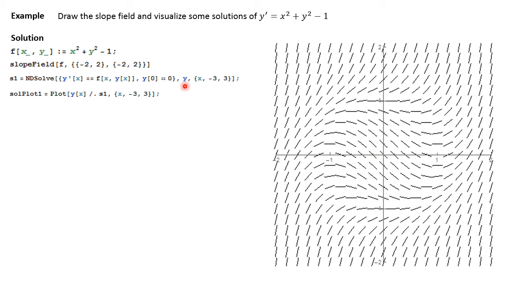I specified that the dependent variable is y, and I wanted the independent variable to range from -3 to 3. And then I stored a plot of this solution into this variable called solplot1, and when I plot it all together, what I get is the slope field along with the solplot, and this is what it looks like.